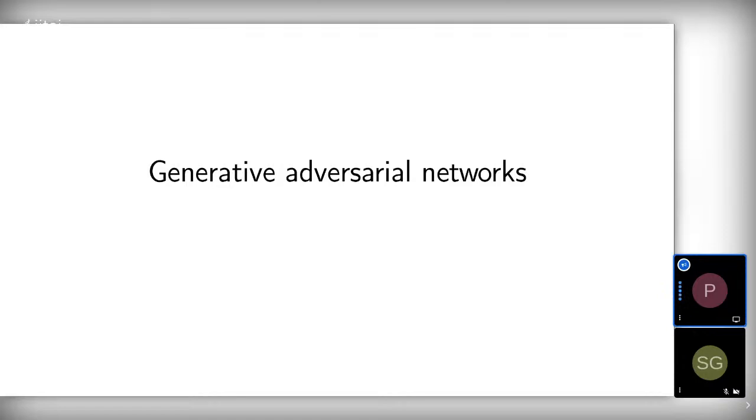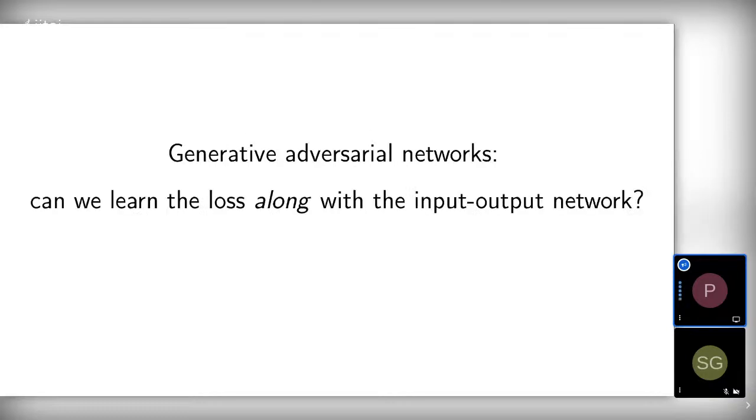So essentially the loss function is also another mapping, and if this is a mapping that's typically quite hard to write down, then we know what to do. We should use a neural network. So what a generative adversarial network framework does is it asks, can we learn the loss along with an input-output network? You're going to learn the input-output network that would take in some data and spit out some output that you want. But along with this, it's also going to learn the loss that would train the input-output network.